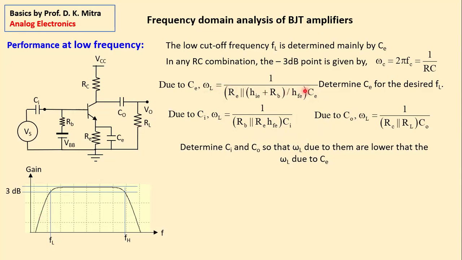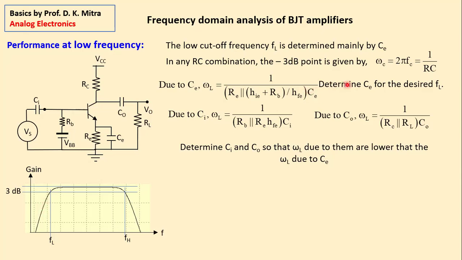I have got this point. This lower cutoff frequency has been obtained. CE has been decided. Once CE has been decided, then determine CI and CO so that omega L due to CI is lower and omega L due to CO is also lower. If they are on the lower side, you don't bother about this.